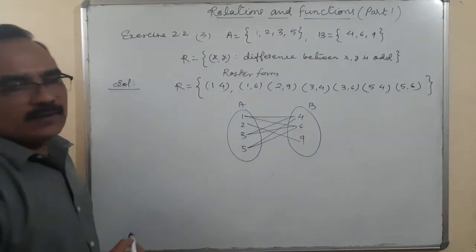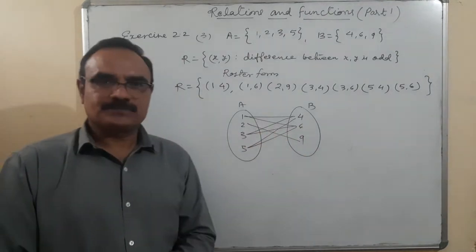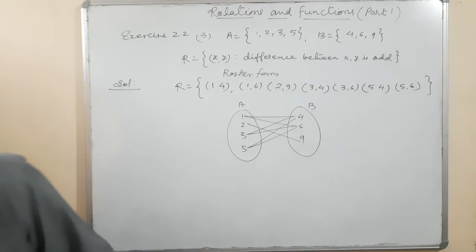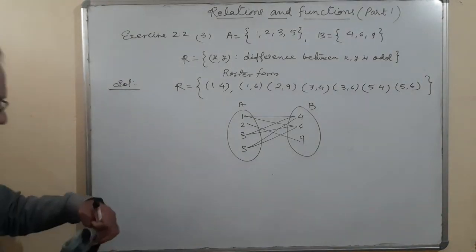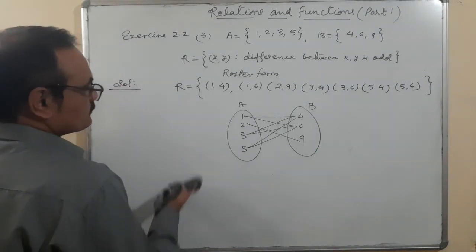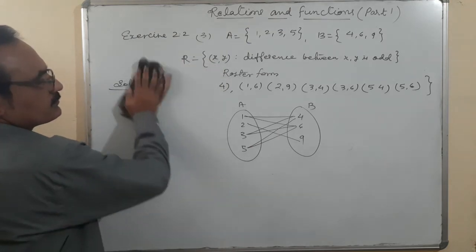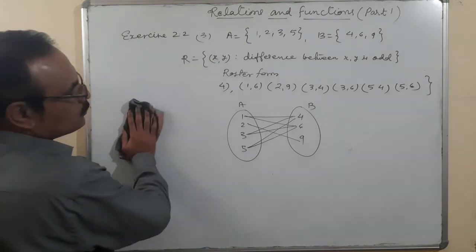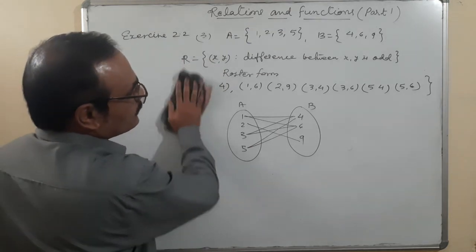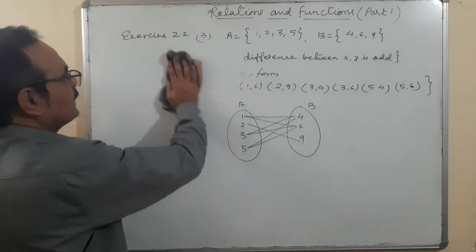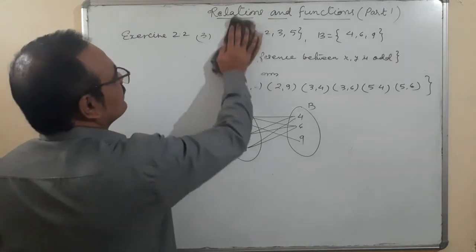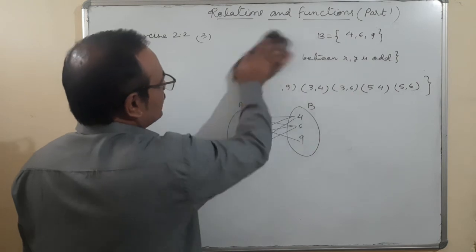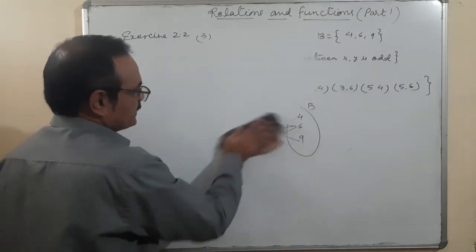This is our relation. Clear? Here the domain is 1, 2, 3, 5, the codomain is 4, 6, 9 and the range is also 4, 6, 9. So here codomain and range are both equal sets.